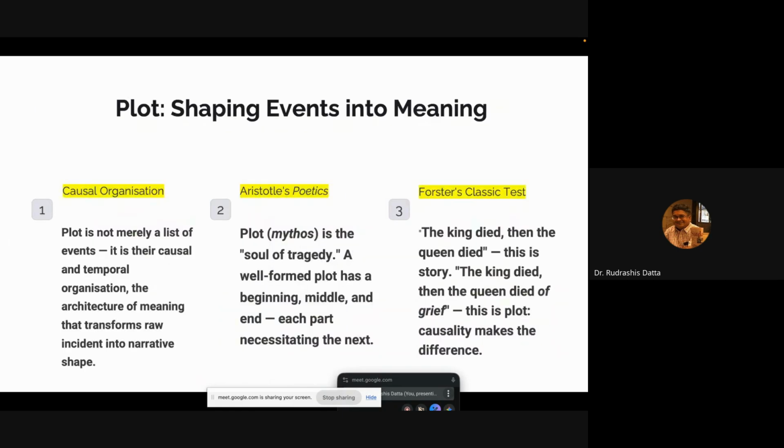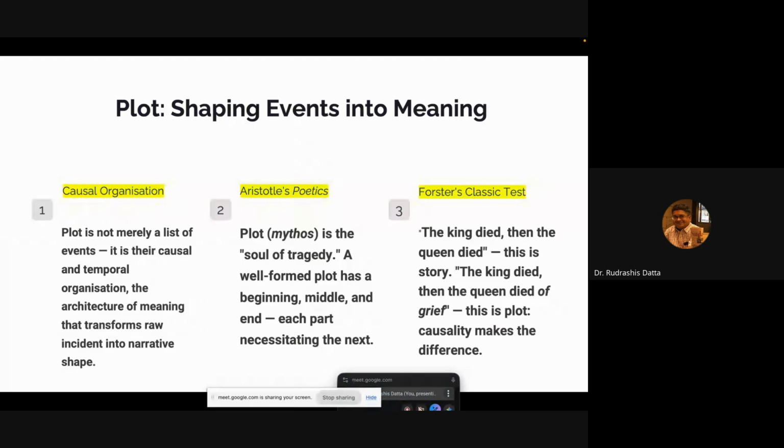Okay, now when we study literature, as I told you in the introduction, the first question that we ask is, what is the story about? Now, what is the story about?